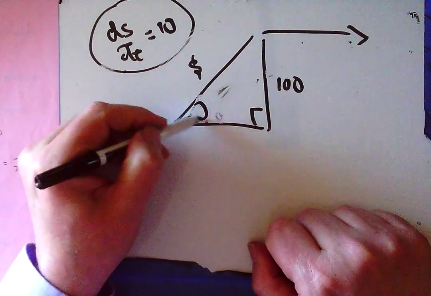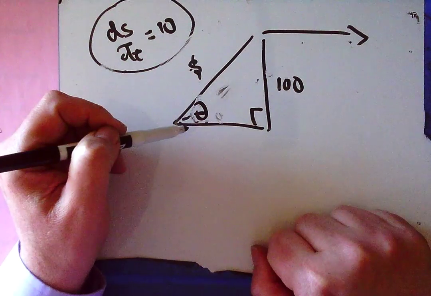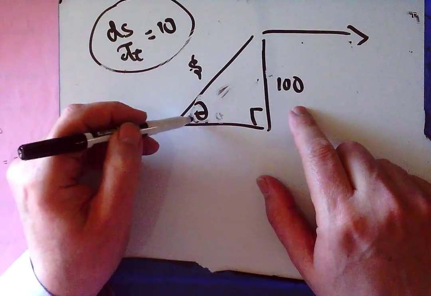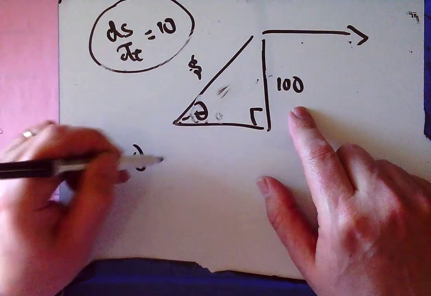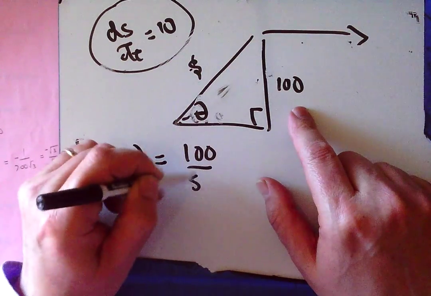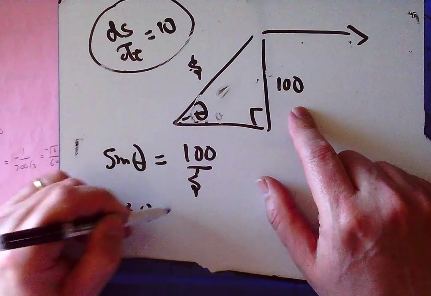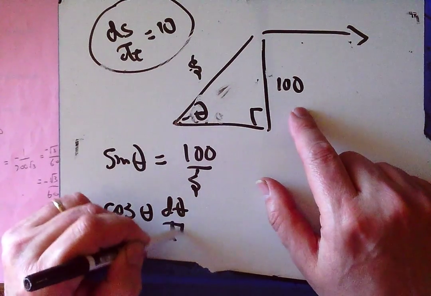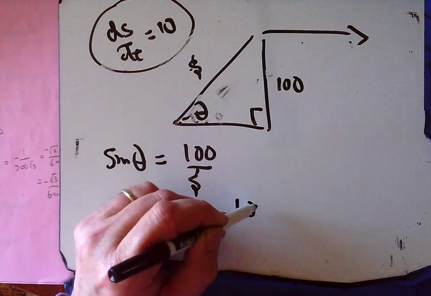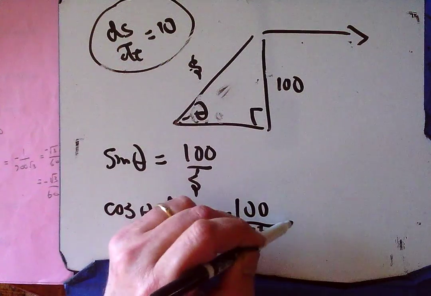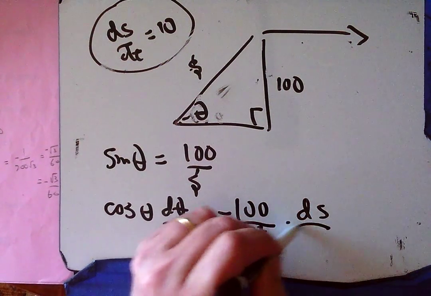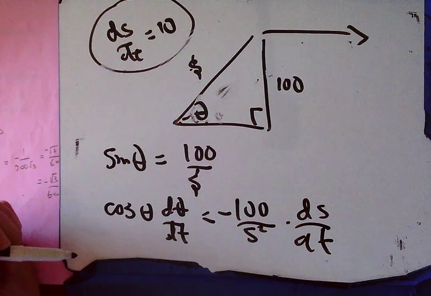I'm relating theta. And now I see sine theta equals 100 over s. Cosine theta, d theta dt equals negative 100 over s squared, times ds dt. Don't forget the derivative of s with respect to time.